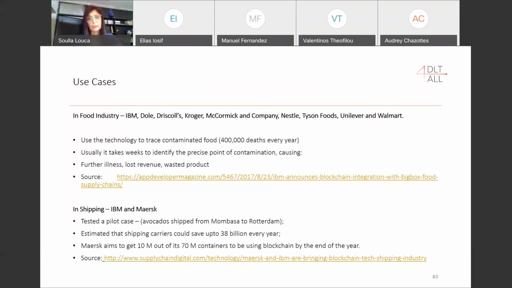At the University of Nicosia, another use case that we have been dealing with is the issuance of our certificates on the blockchain. This prevents the falsification of certificates.